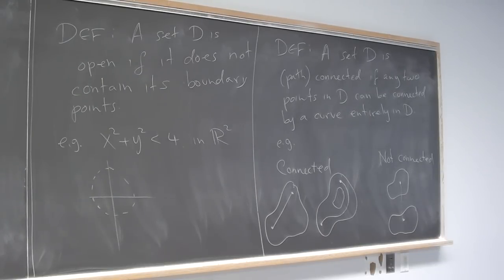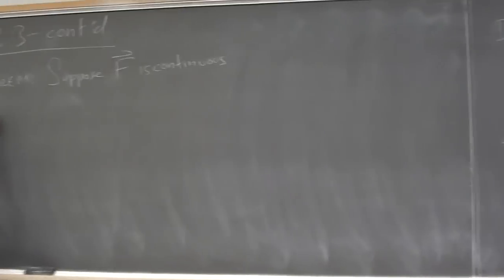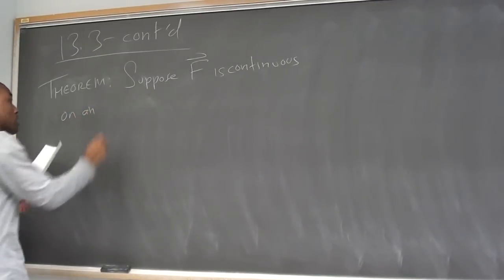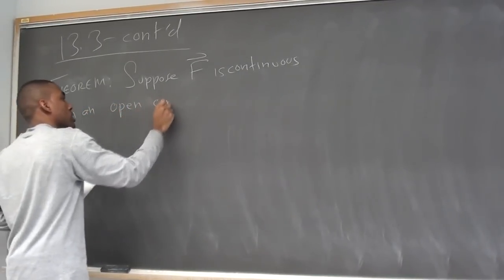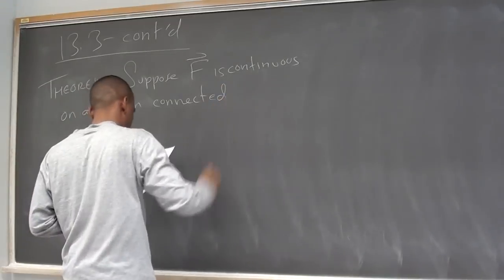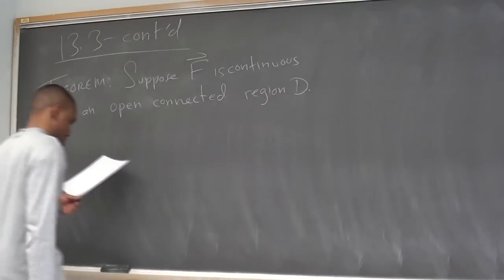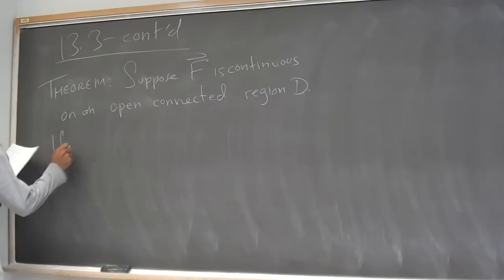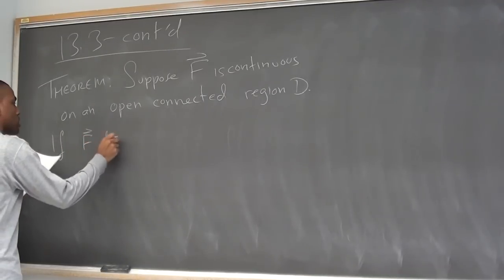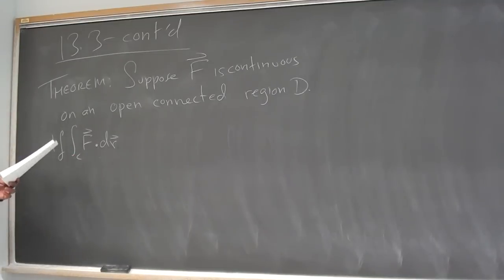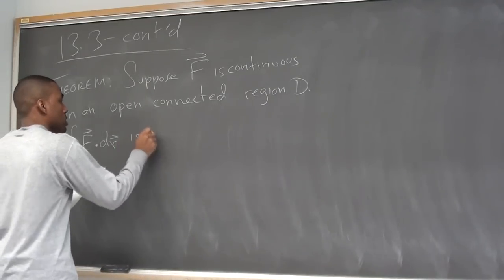Here's the thing. Suppose a vector field F is continuous on an open, connected region, and the integral of F dot dr is independent of path.